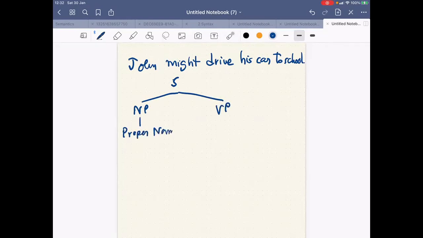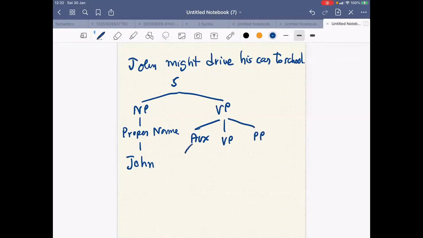The NP is the proper name, John. For the VP, by the PS rules, I will have three branches, which is the auxiliary, the VP, and the PP.